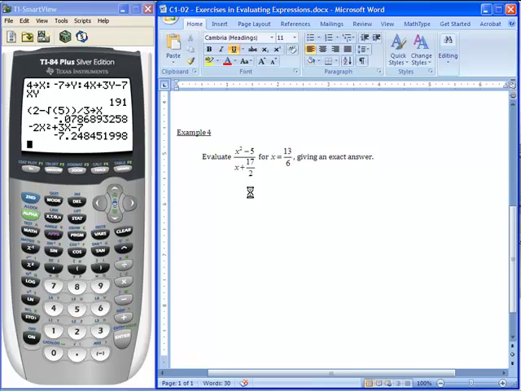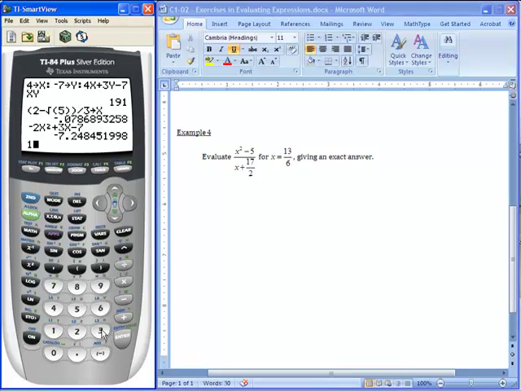So we'll begin as we did in the previous example, and we'll store the value, in this case 13/6, into the variable x. So I'll take 13, and we'll divide that by 6, and we'll store that to the variable x.